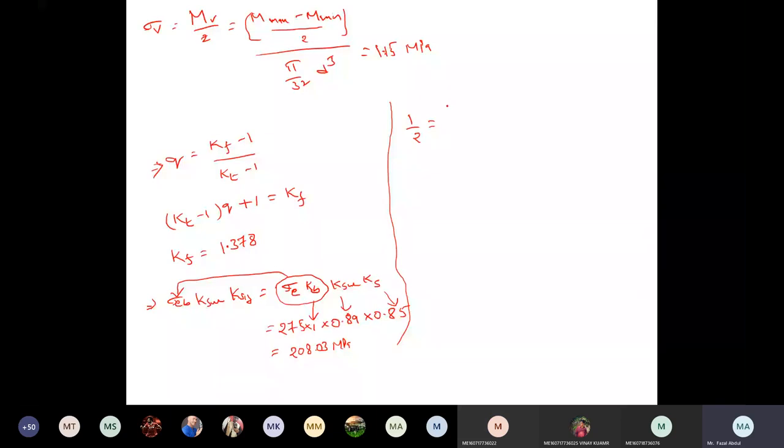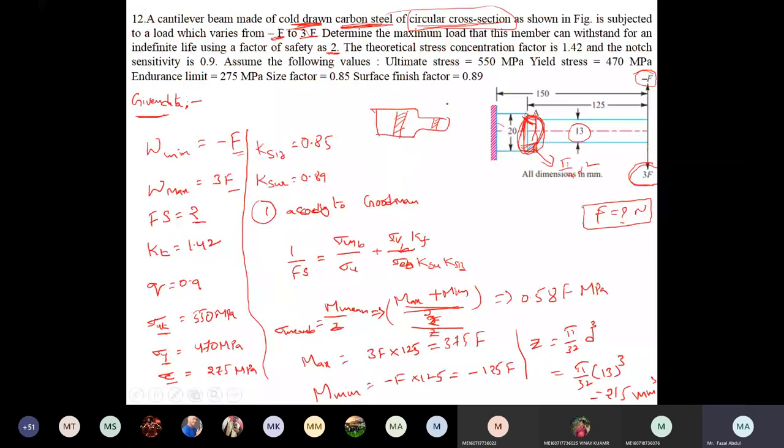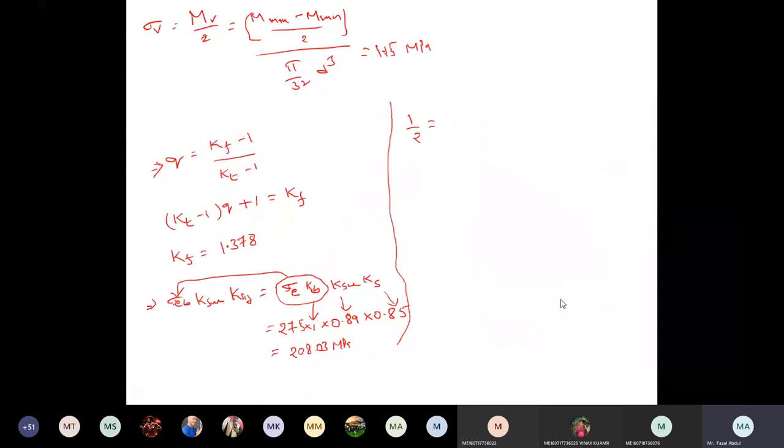Mean stress, how much did you get? 0.58 F by 0.5 F ultimate as 550, plus variable, how much did we get? 1.15 F into Kf value we got 1.378 by, and sigma EB we got 208.03.